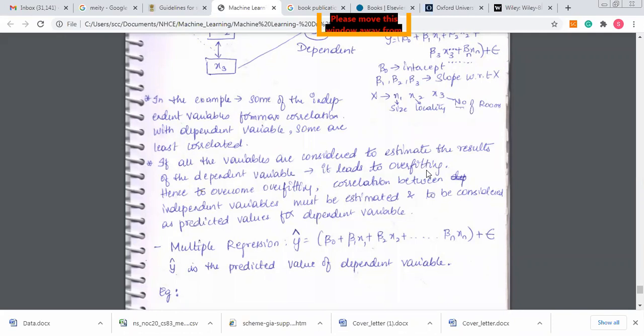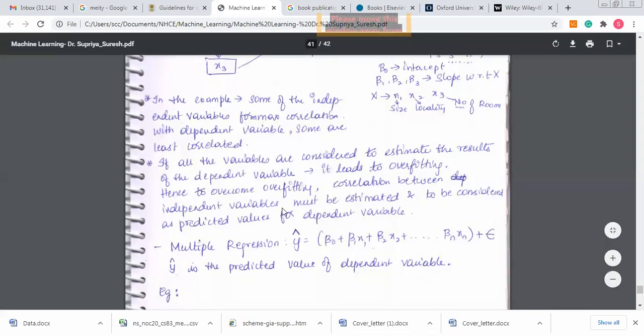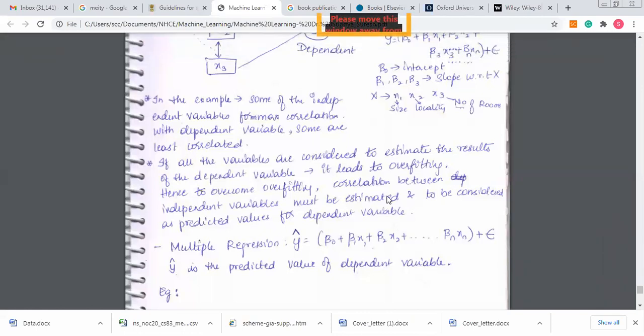But if you think, no, I just want to play a safe game and consider everything, then you are making your system heavier to work. If all the variables are considered to estimate the results of the dependent variable, it leads to overfitting. Hence, to overcome overfitting, the correlation between independent variables must be estimated.